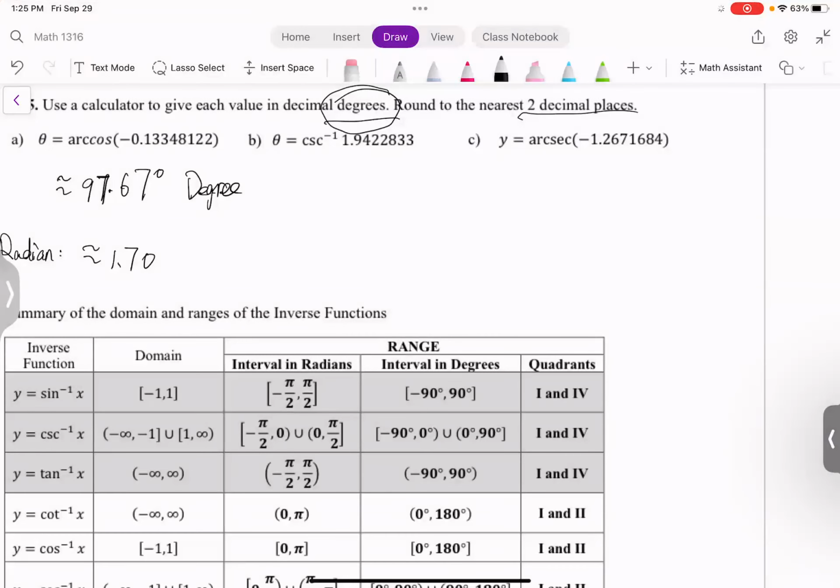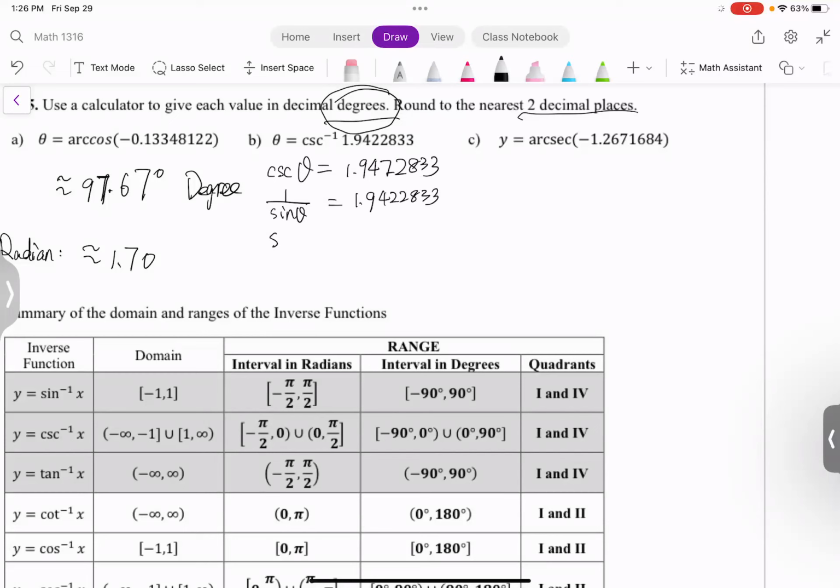So theta, converted to the regular function form, is cosecant theta equals 1.9422833, and cosecant equals 1 over sine theta.